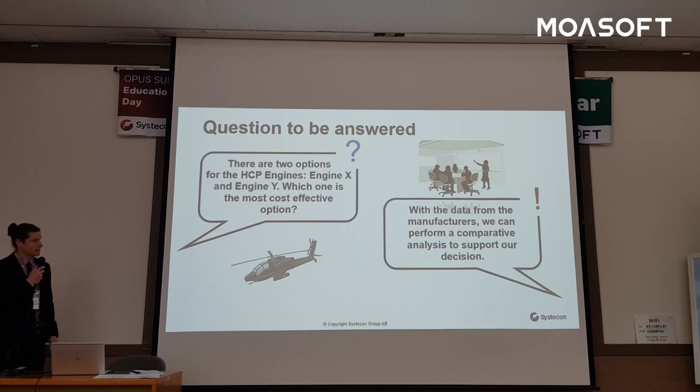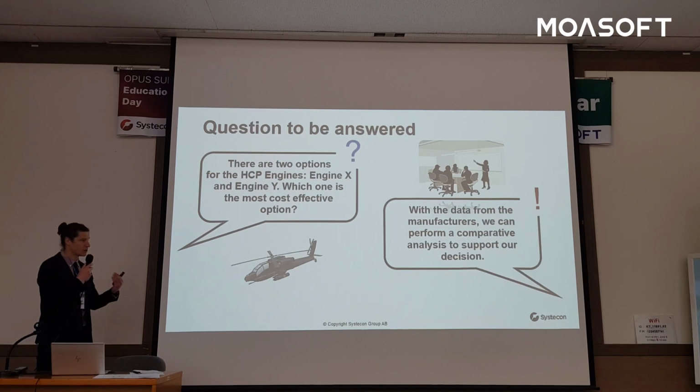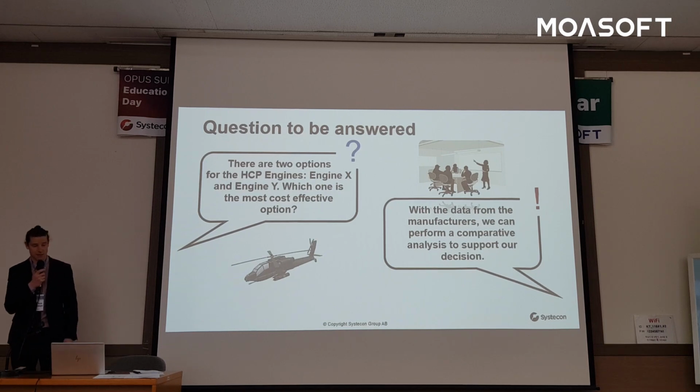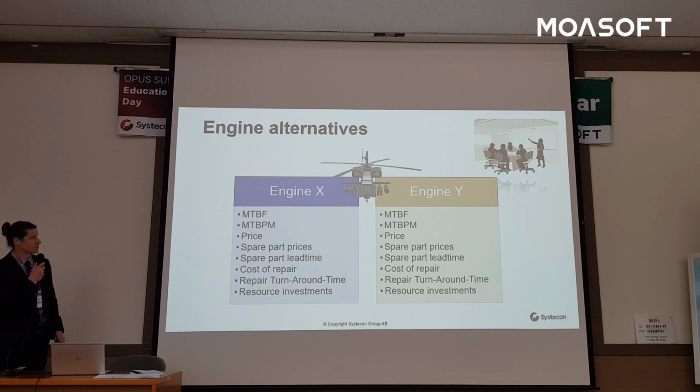Well, yeah, with the data from the manufacturers, we can perform comparative analysis. We can compare the alternatives, and that will make us able to support the decision in the end. Okay, so we have two different alternatives here.